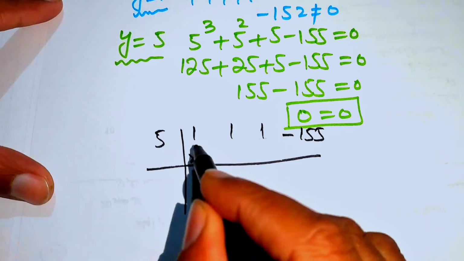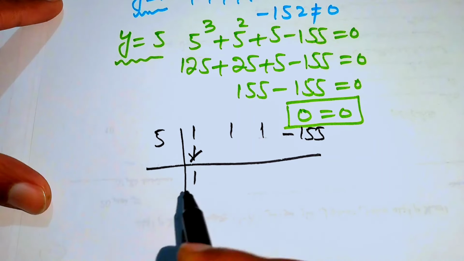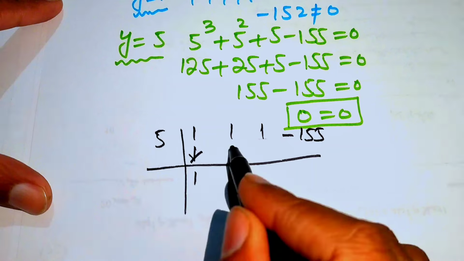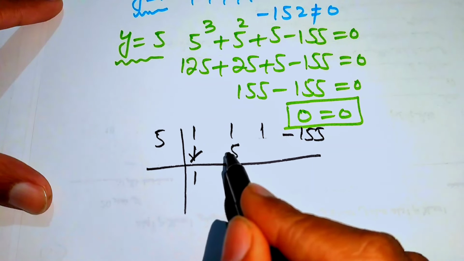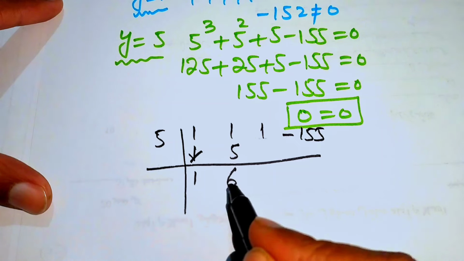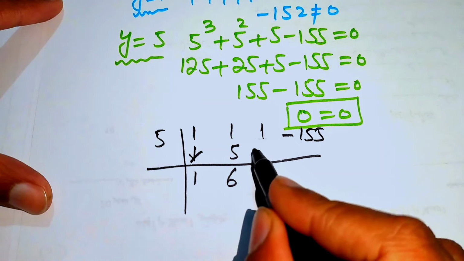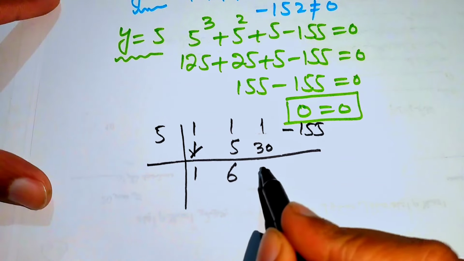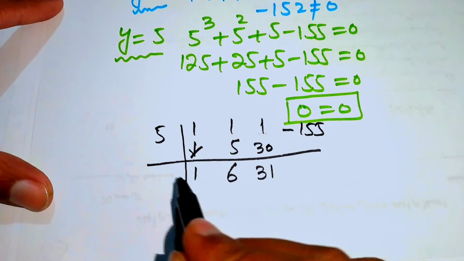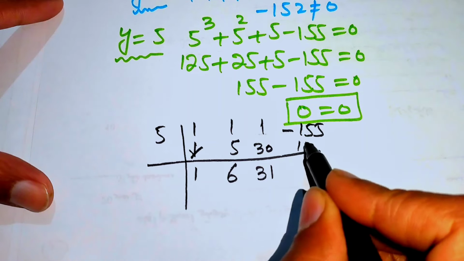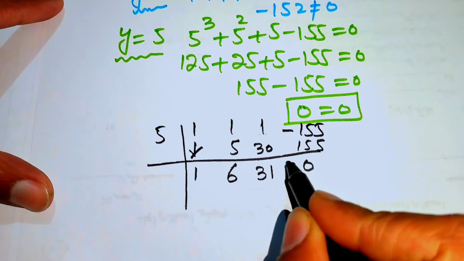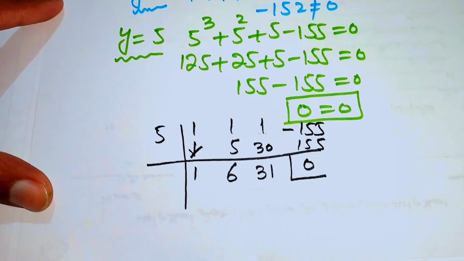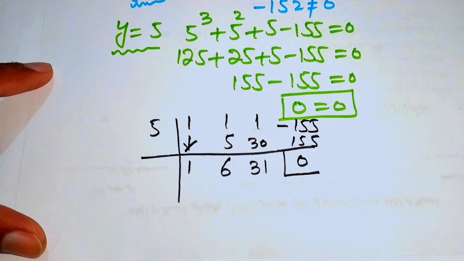First we write the first term as it is, so it becomes 1. We multiply this 1 by 5, it becomes 5, and we add these two. 1 plus 5 is 6, and 6 multiplied by 5 is 30, and 1 plus 30 is 31. 31 multiplied by 5 is 155. When we add these two, we get the remainder 0.